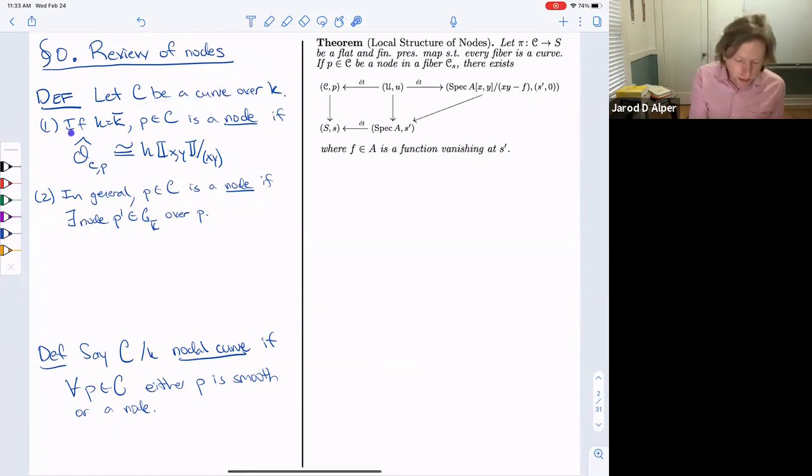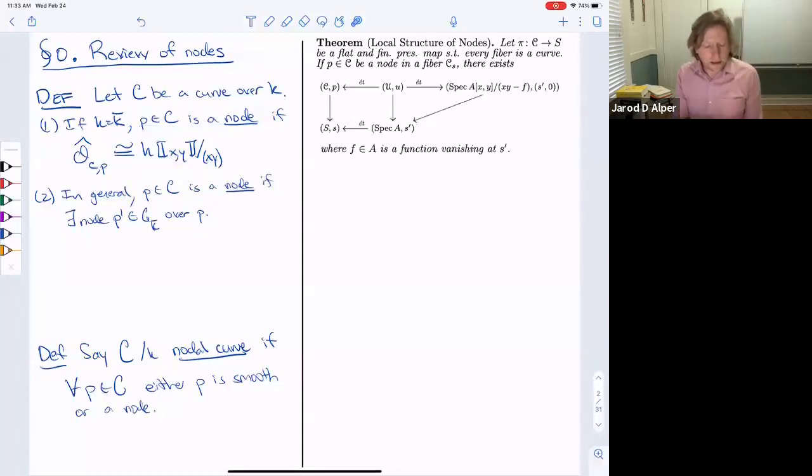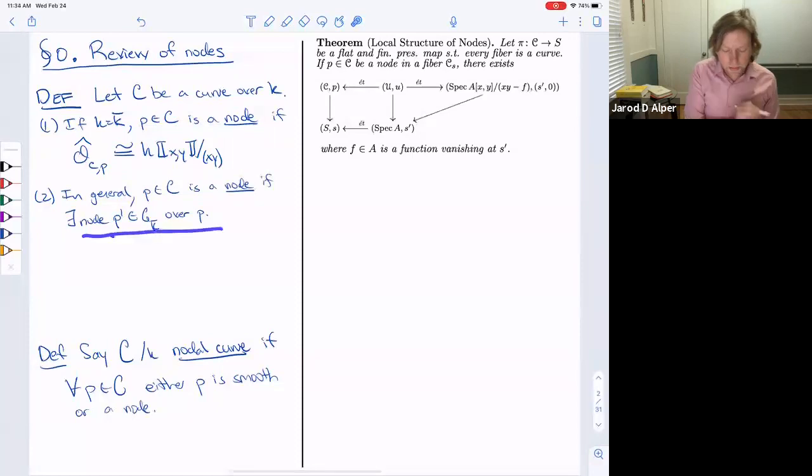In the case when it's algebraically closed, we say that a point is a node if the complete local ring is isomorphic to the power series ring in two variables, mod the two axes, x y. And then in general, it may not have this form. So you ask that in the base change to the algebraic closure, there's a node over your given point.